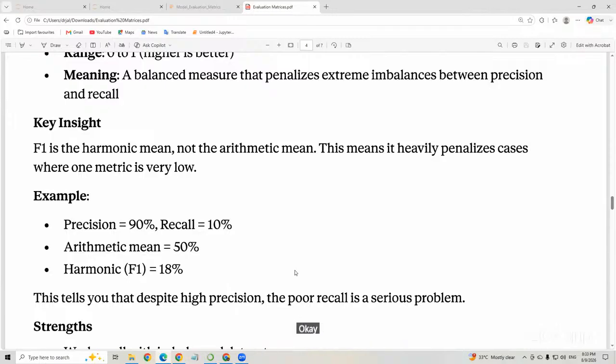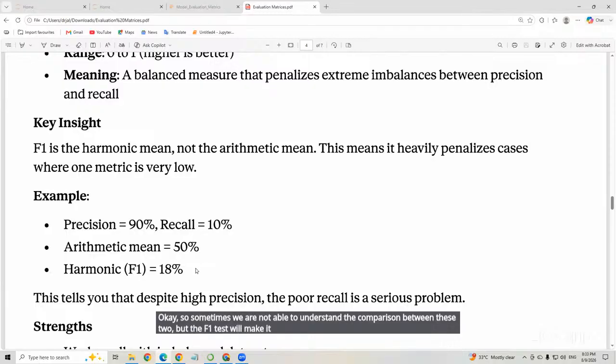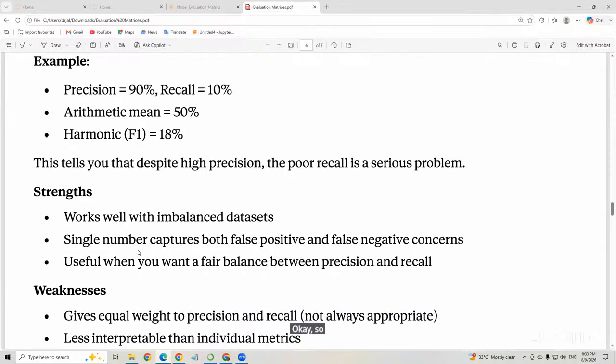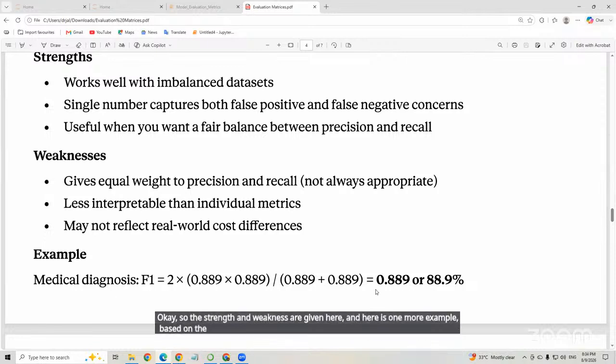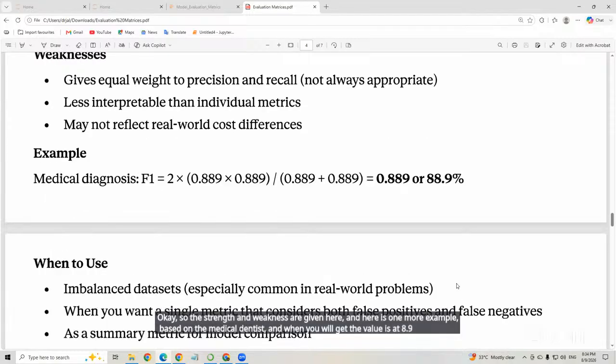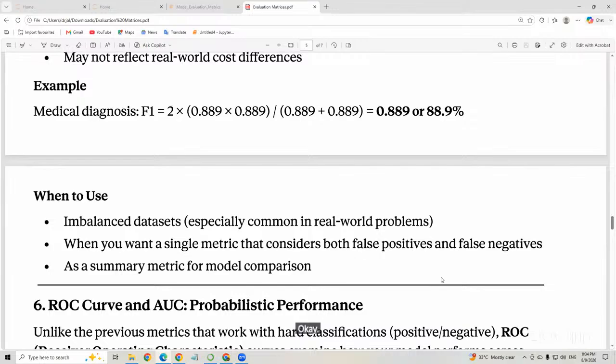Sometimes we are not able to understand the comparison between these two, but the F1 score makes it easy. The strengths and weaknesses are given here, and here is one more example based on medical diagnosis, where you get the value 88.9%.